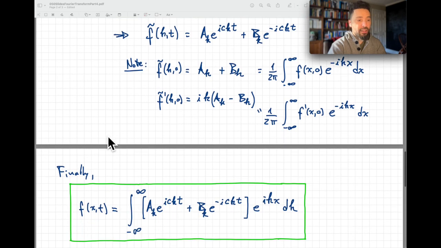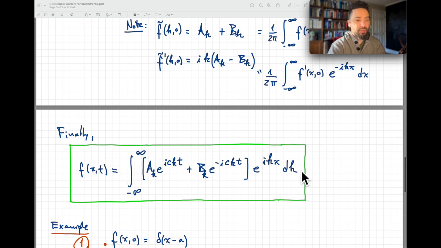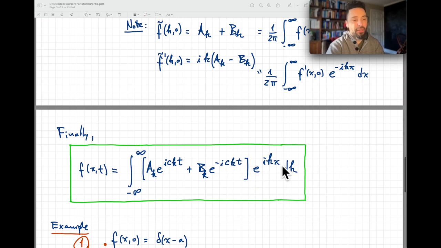And once you have ak and bk, then you have everything. Then your job is to carry out this integral. So this integral for our function f of x,t, our solution, is the integral from minus infinity to infinity of ak e to the i c k time plus bk e to the minus i c k time, all multiplied by e to the ikx, our Fourier mode, and integrated over k.